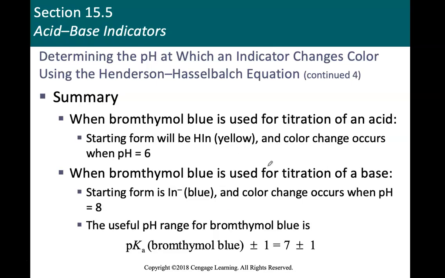If we combine these two, this is essentially what we get: the useful pH range for bromothymol blue will be where the pKa is plus or minus 1, which is 7 plus or minus 1.